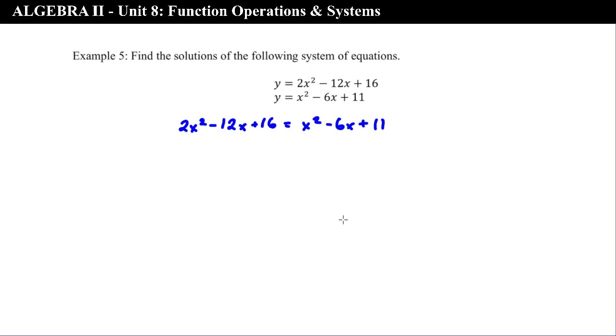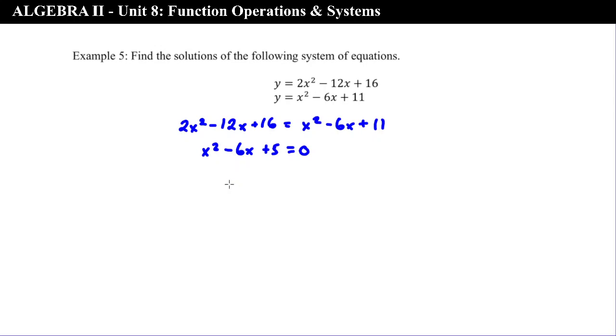And since we're dealing with a quadratic, let's move everything to one side. So 2x squared minus x squared gives you x squared. Negative 12 plus 6 is going to give you negative 6x. And then 16 minus 11, that gives you positive 5.